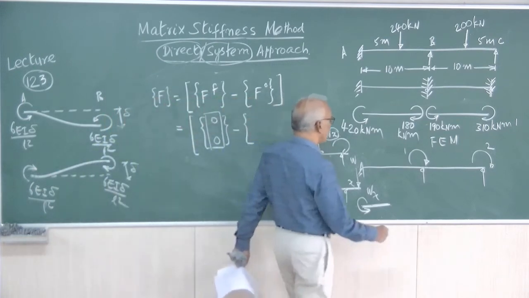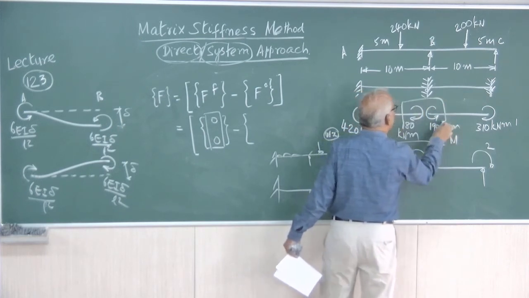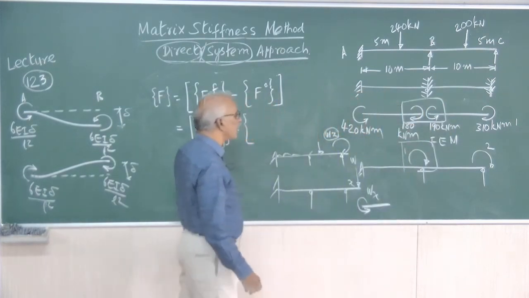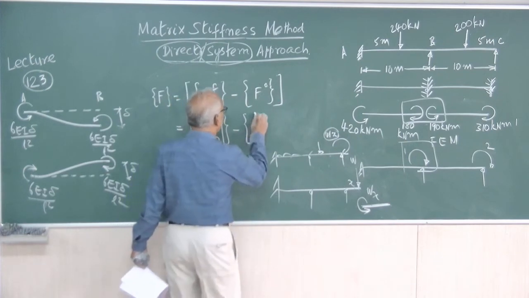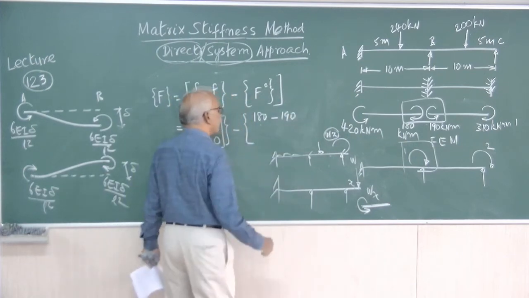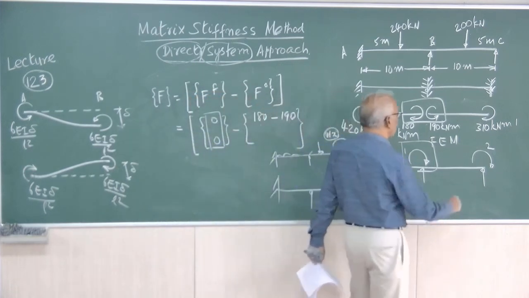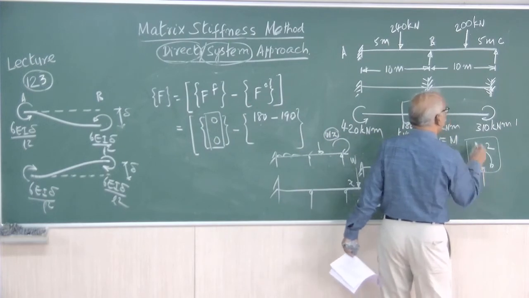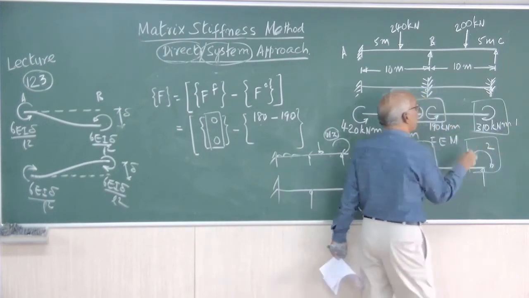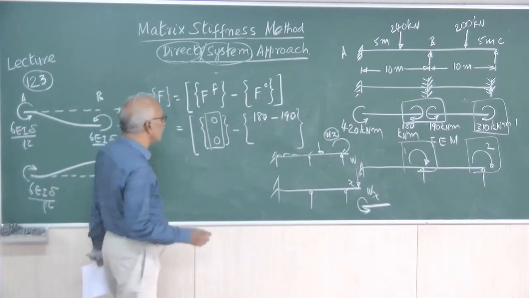Along coordinate 1, these are the moments: 180 minus 190. Along system coordinate 2, it is 300, resulting from the fixed end moments. So that is 310.